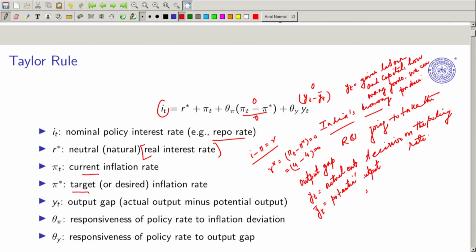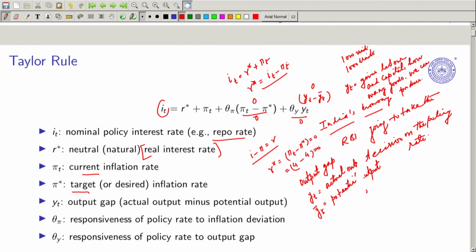Suppose India has the capacity to produce only 1000 units, and it is actually having demand of only 1000 units, right? It means 1000 minus 1000, so this becomes 0. So what we are getting is r star plus pi t, right? And if I solve for r star, we get it minus pi t. This is what we call the neutral rate, which means that there is no disequilibrium in the economy.